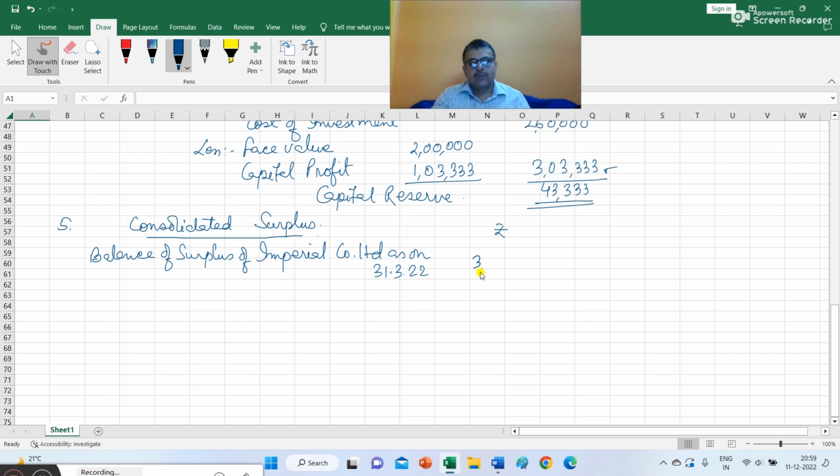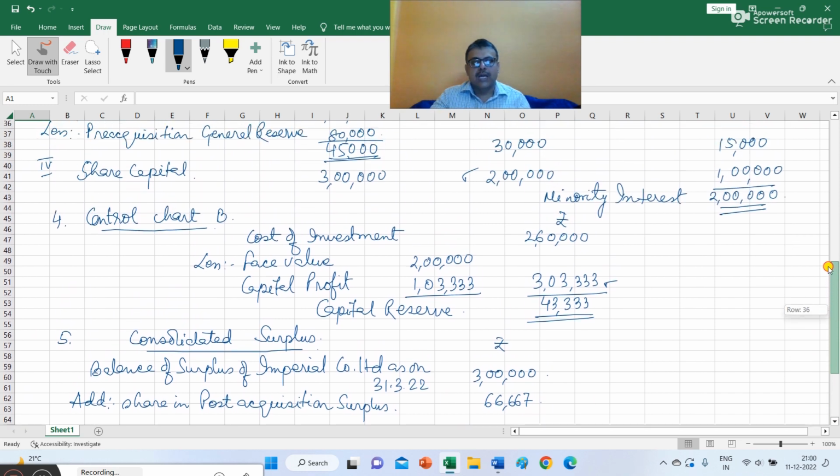It is given in the question the balance of surplus of Imperial Company Limited as on the date of balance sheet was 3 lakh, and we have to add the share in post acquisition surplus of Colonial Company Limited. So this is 66,667. So you will get this figure from control chart A.